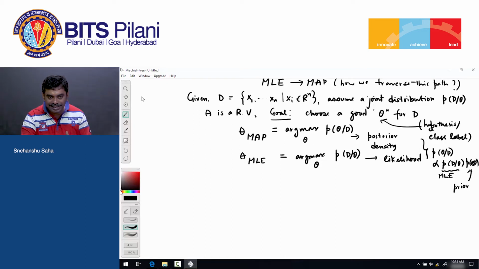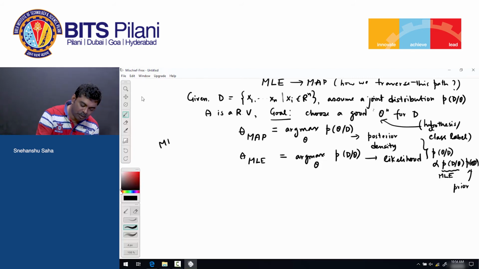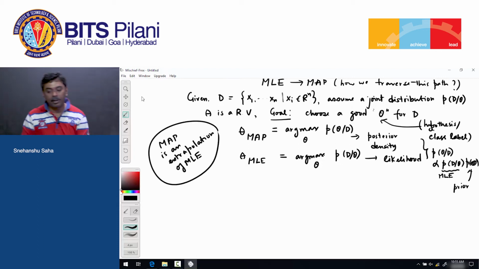What we can see easily, at least from a high level abstract point, is that MAP estimation is sort of an extension of MLE. Now if you have prior data, it will help you avoid the problem of overfitting.